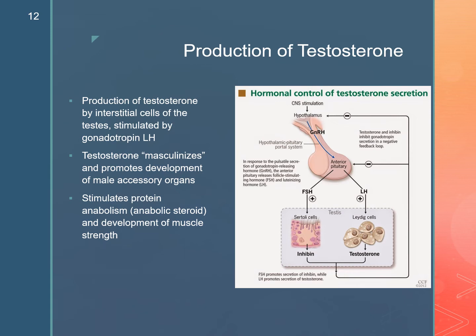It also promotes and maintains the development of the male accessory reproductive organs like the prostate gland, the seminiferous tubules, and so on and so forth. And then lastly, it has a stimulating effect on protein anabolism. Remember, anabolism is the building up, making something bigger from smaller components. So it's going to be responsible for the greater than average muscular development and strength of the male.